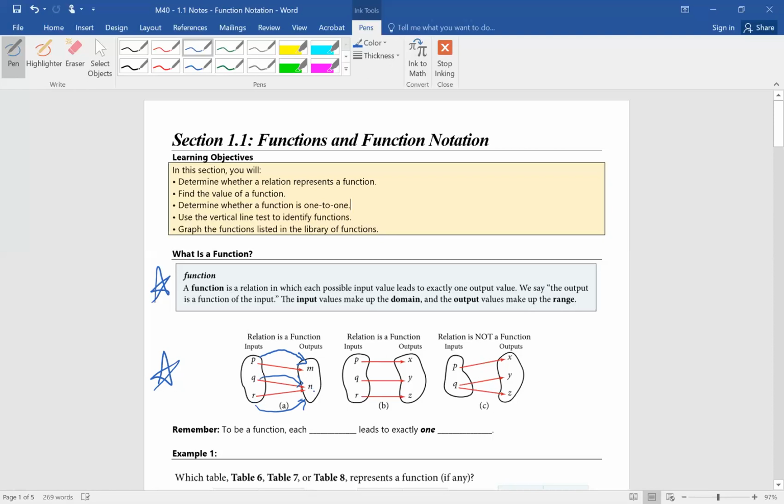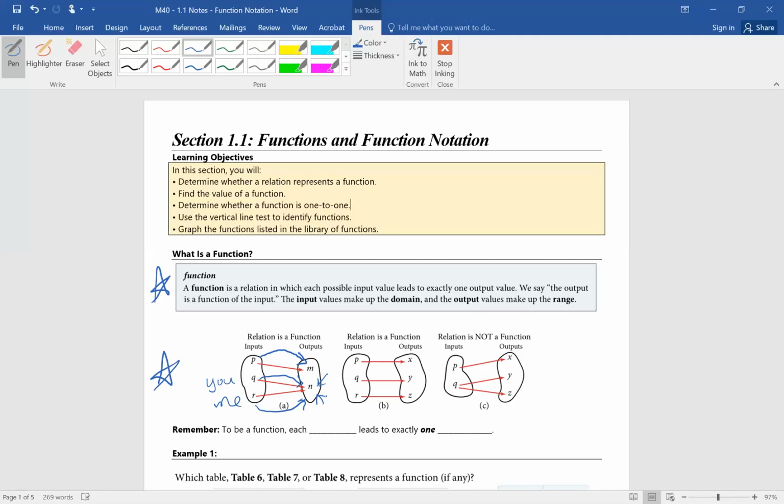A way to describe this is if this was you and this was me, let's say our birthdays are on the same day. Your birthday is on some day we'll call N, and mine is on some day called N, but each of us only has one birthday. So when you plug stuff in, it can come out and be the same thing.